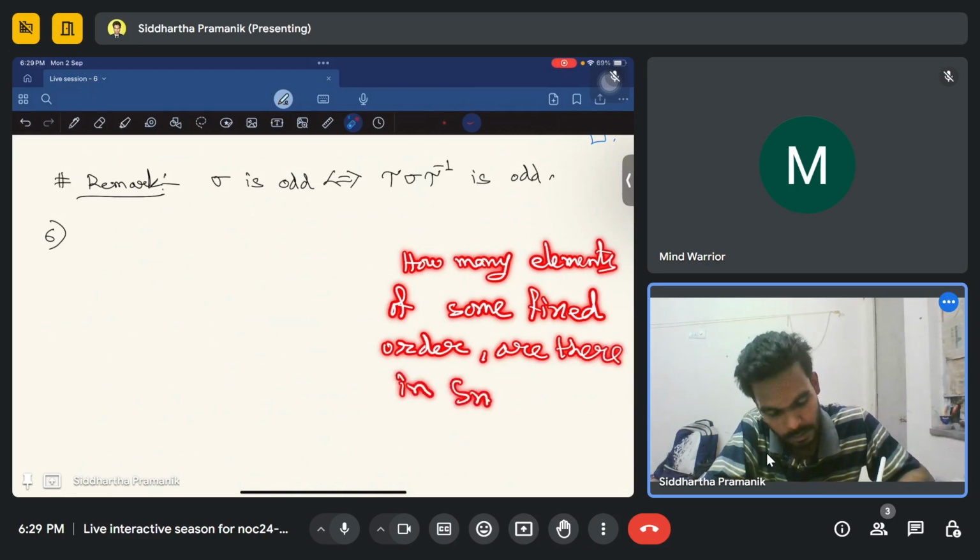So we have done some problems of this type. Now we want to do some problems where, instead of Sn, we are going to take An.